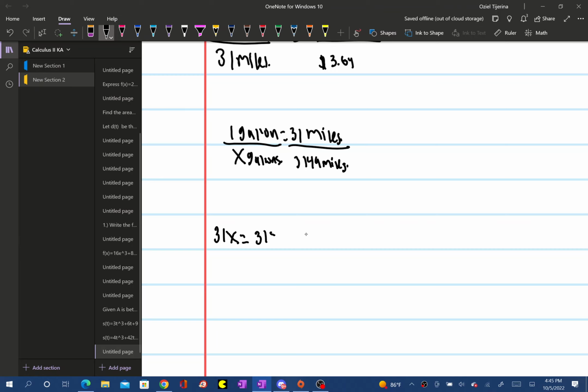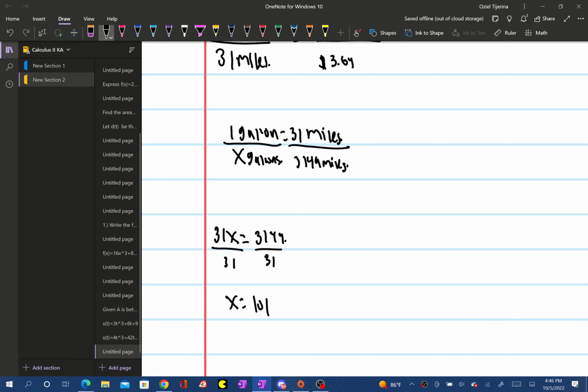We get that x is 3,149 divided by 31. That would be about 101.5, so like 101.6, around there. The 5.8 rounds up to 6, so 101.6.